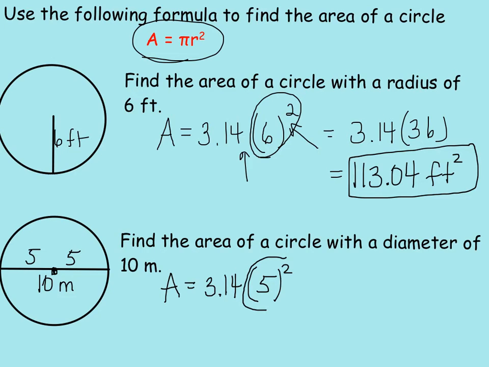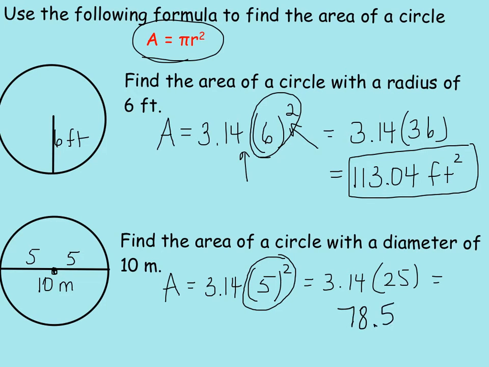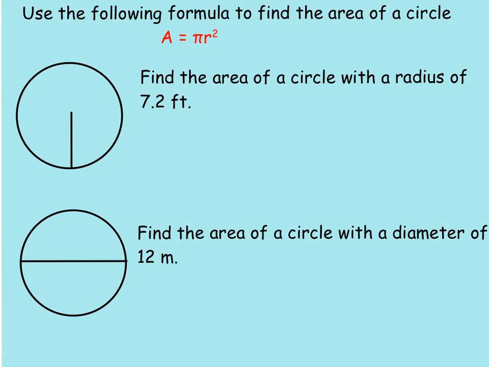Being careful of our order of operations, let's go ahead and do 5 to the second power first. That gives us 3.14 times 25, which gives us an area of 78.5 meters squared.